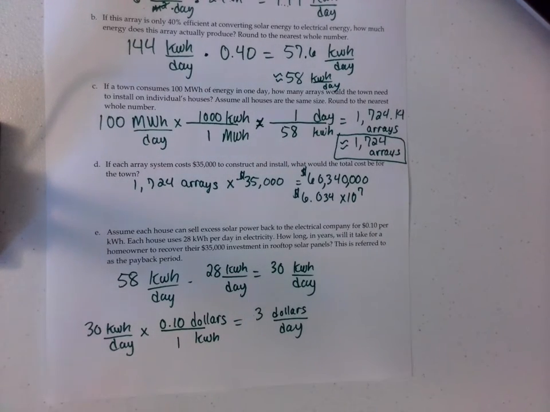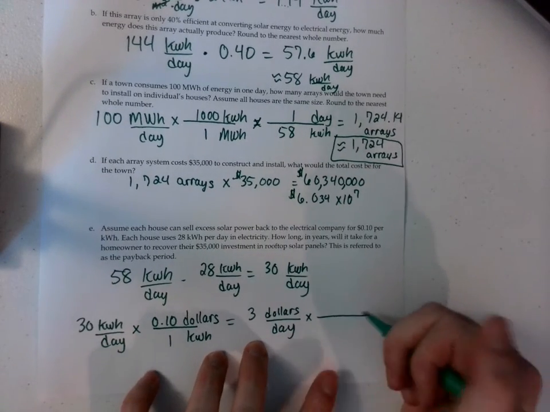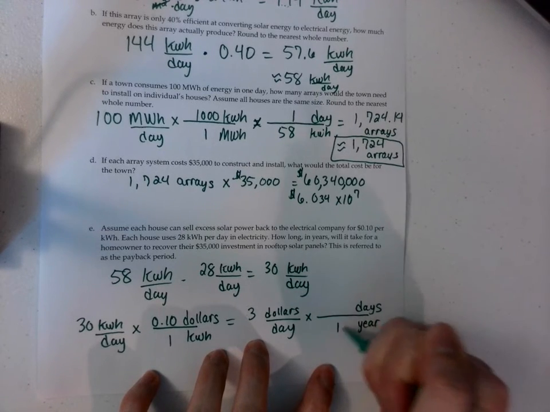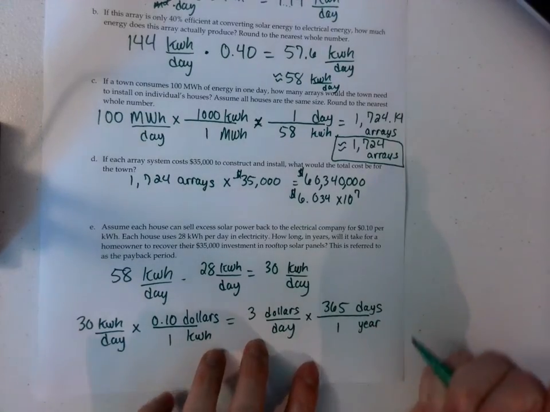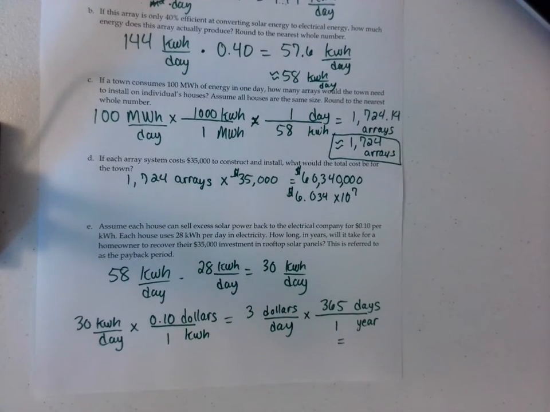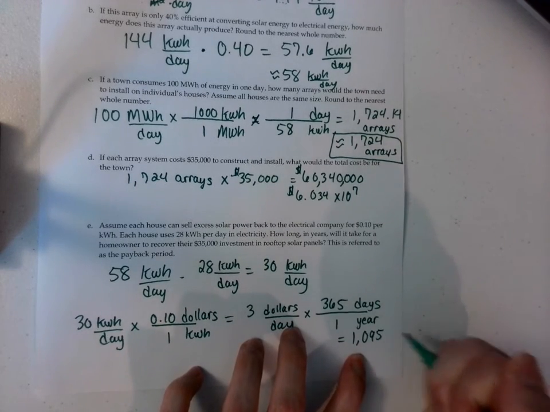Okay? So now we're going to need to convert this into how many dollars they can save per year. So I'm going to put days here, and then 1 year is here. There's 365 days in 1 year, so 3 times 365 is going to be 1,095 dollars per year.